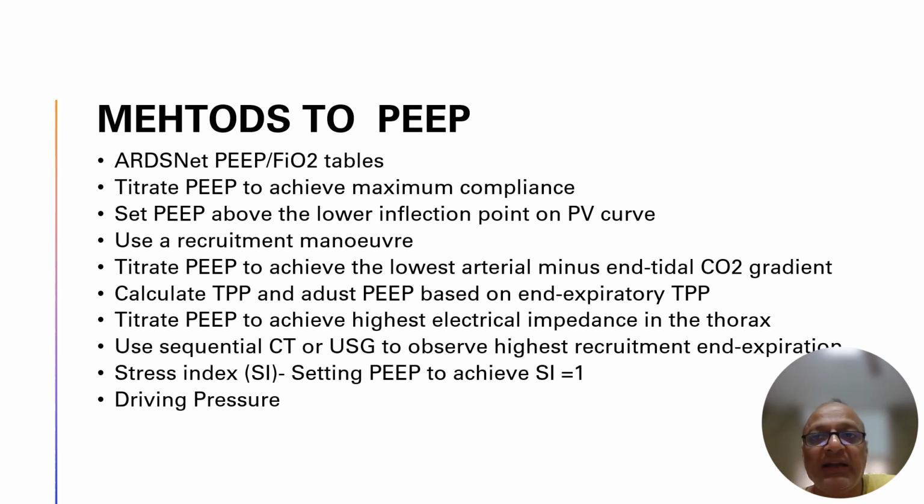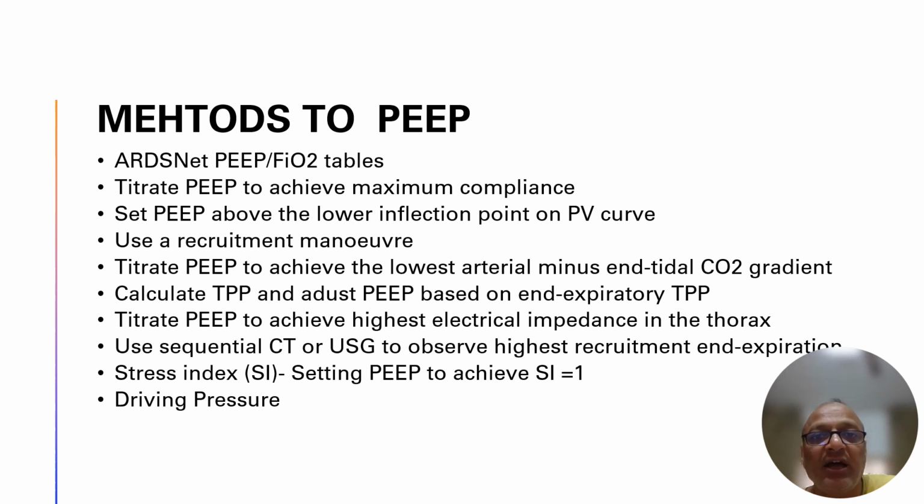Set the PEEP slightly above the lower inflection point of the pressure volume curve, therefore avoiding cyclic atelectasis. Use a staircase recruitment or de-recruitment maneuver to find the lowest PEEP at which the maximal oxygenation is maintained, and this has the advantage of having a very pragmatic endpoint of SpO2.